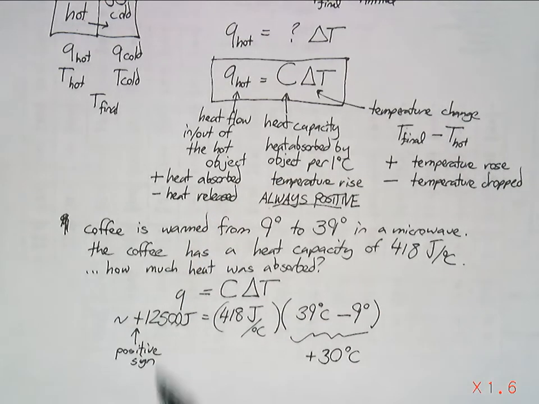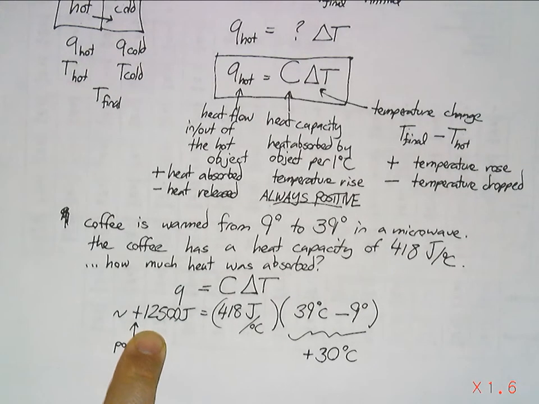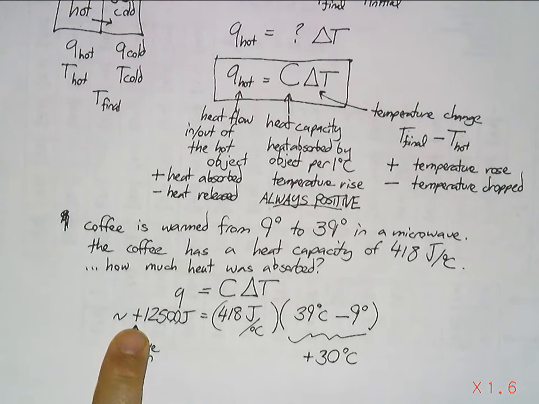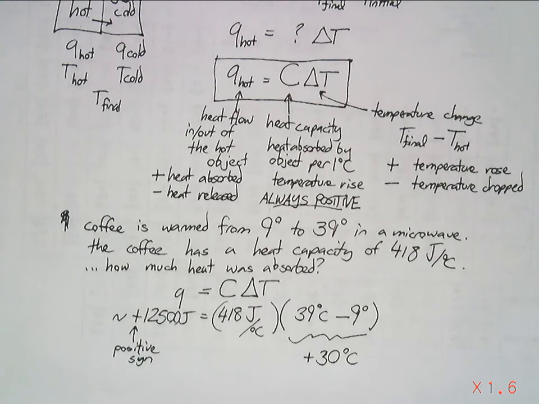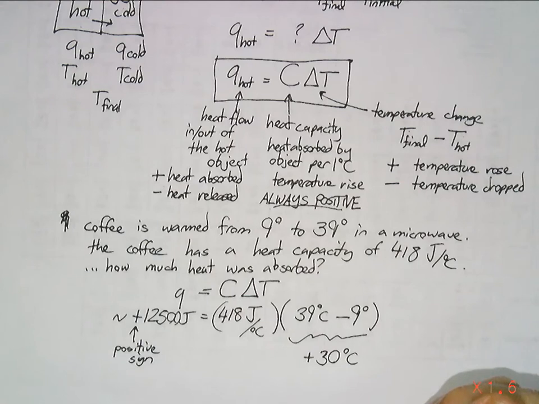So we can say roughly 12,500 joules of heat were absorbed here. I just rounded this off in my head. Pick up your calculator and get the right answer. It should be somewhere in that ballpark, right?